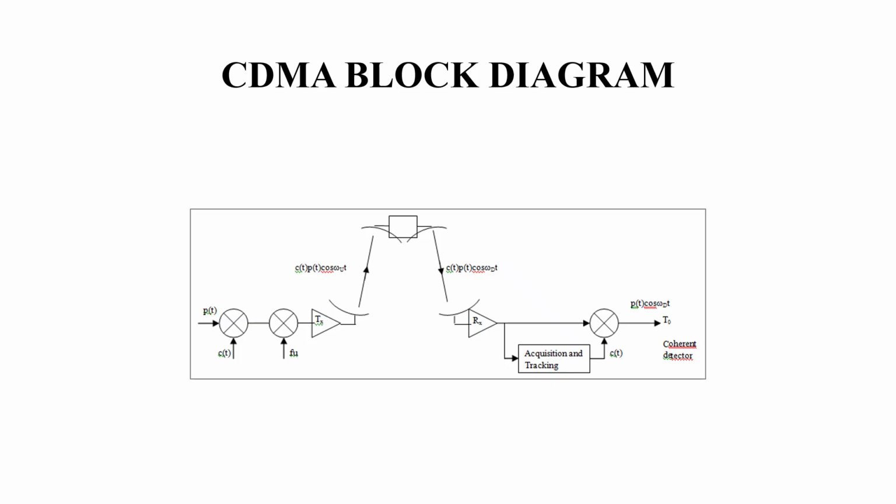To track the signals we need an acquisition and tracking mechanism, and then the signal is demodulated. If we use the BPSK modulation scheme, the BPSK demodulation scheme is used for demodulation, and this is decoded, and finally the original transmitted signal is recovered. This is the entire process in the CDMA system.